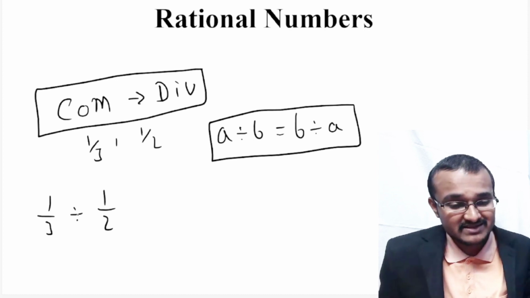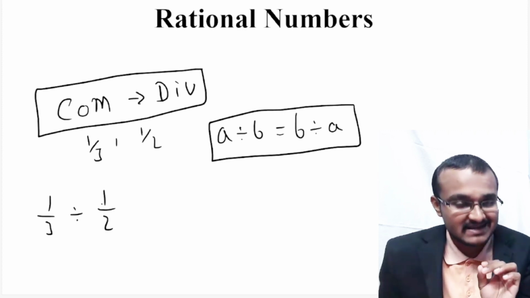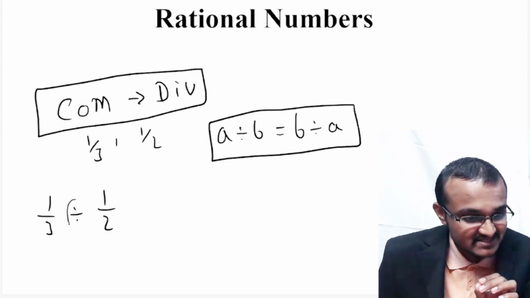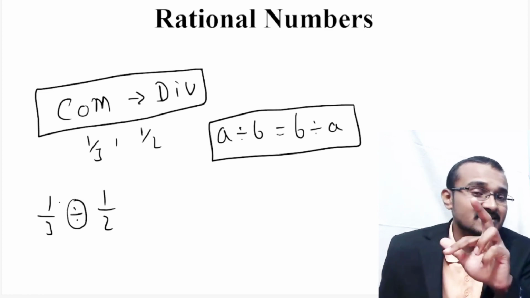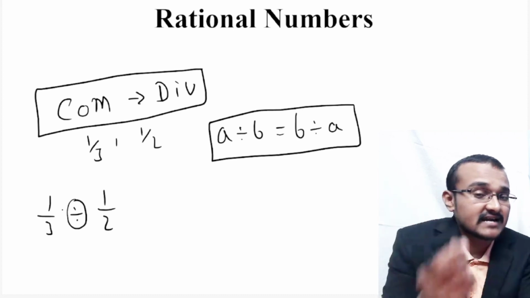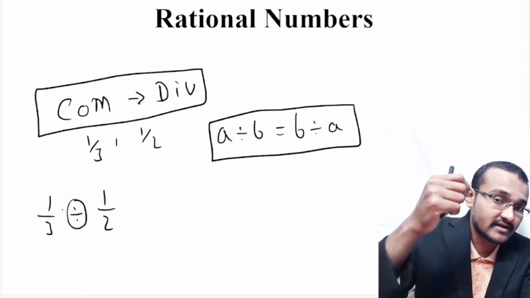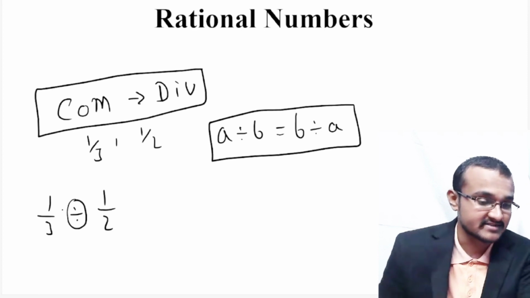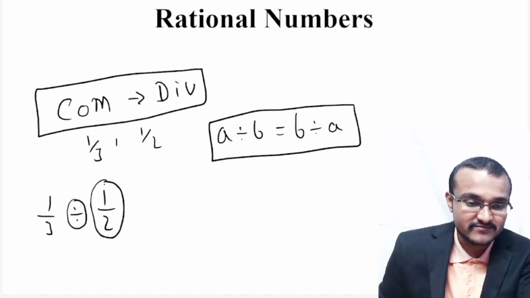So 1 by 3 divided by 1 by 2 can be written as, in the case of rational numbers, you can change this division symbol into multiplication symbol by interchanging the numerator and denominator of the number which is there after that division symbol.